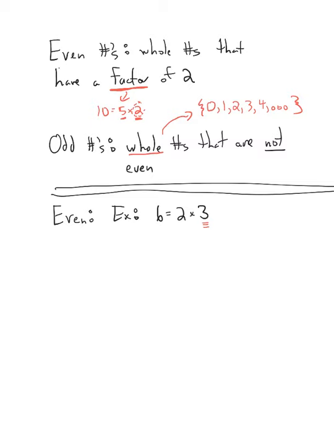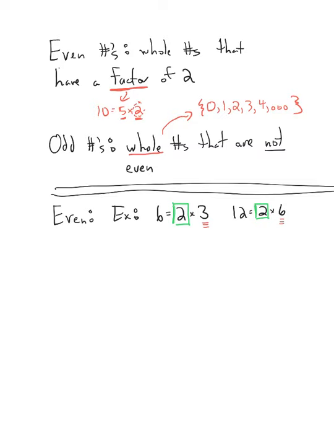The only bit that's important to the fact that 6 is even is that 2 is a factor. Another even number is something like 12. I can write 12 as 2 times 6. Since I can do that, 12 is even. And again, the 2 is the important number. The 6 we can think of as just some other number.